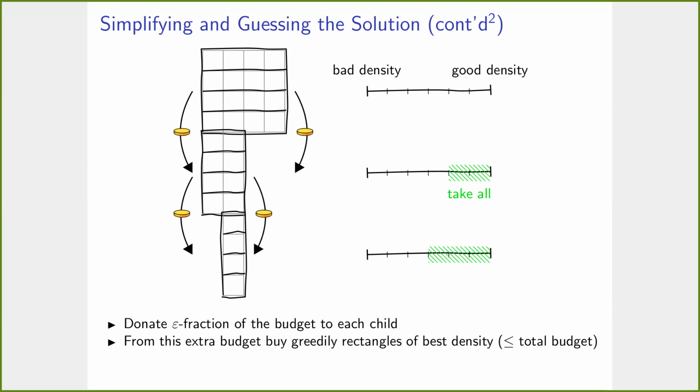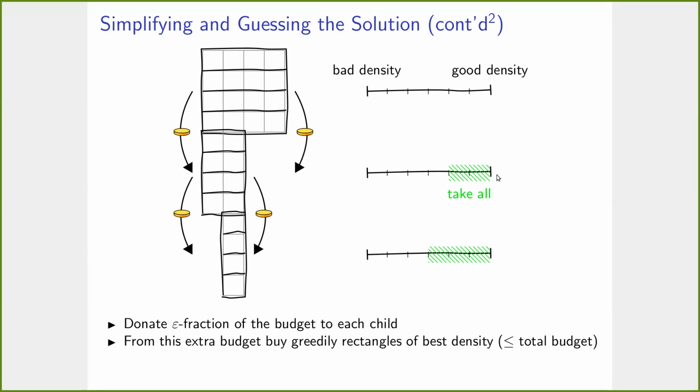So this budget will be used to essentially buy all the really good rectangles which have a very good density. So let's take the middle block. It gets some additional budget from the block above it, and it will just start buying rectangles of the best density and so on until it used up all this extra budget.